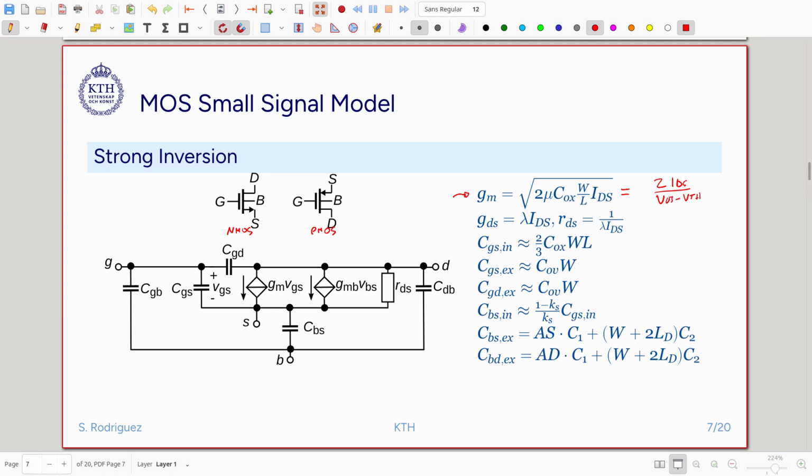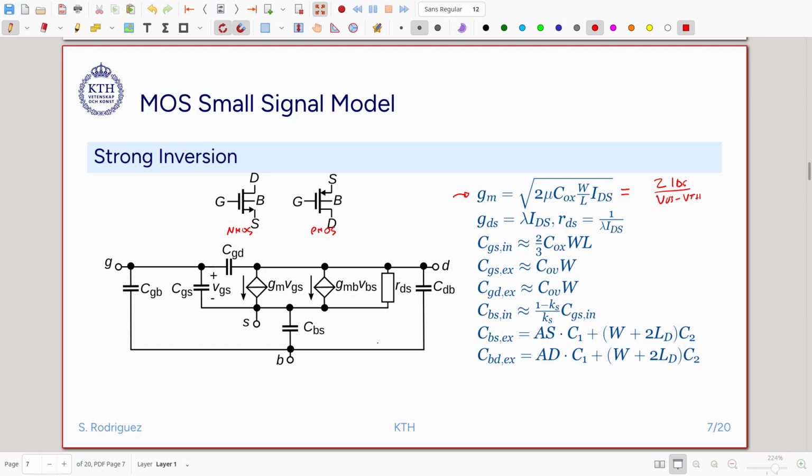So sometimes we can use one or the other. It really doesn't matter, they are the same. The slope in the output characteristics when we plot IDS versus VDS creates an output resistance that we can calculate as 1 over lambda IDS.